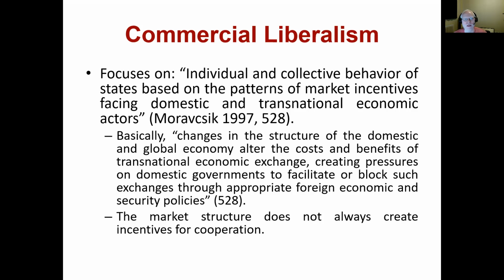So you have two countries that are competing over the same resources or that are in the same industries and are competing for dominance, or two different countries that require the same resources for industries that are important to them. And so they end up going into conflict over access to these resources, right? So changes in market structure could create opportunities for cooperation, but also can create opportunities for conflict.